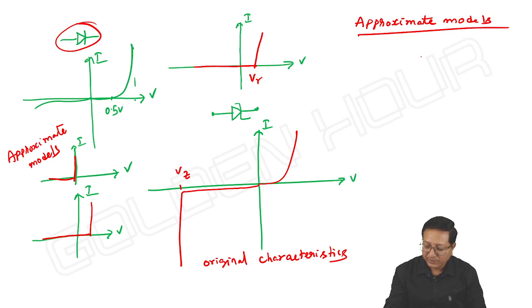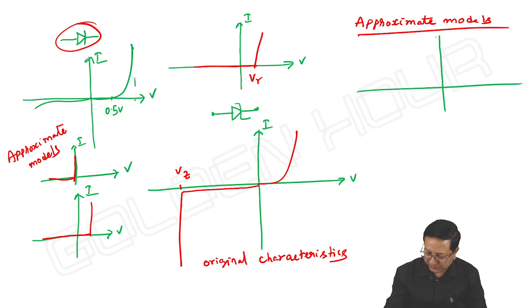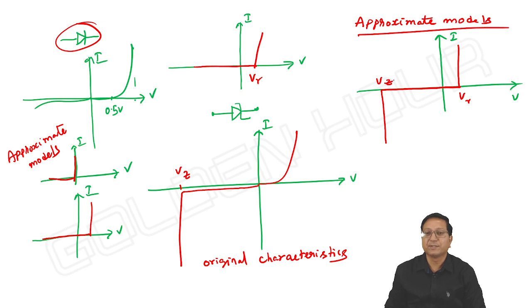One is like this, V gamma, and it is Vz. What is the meaning of these characteristics?